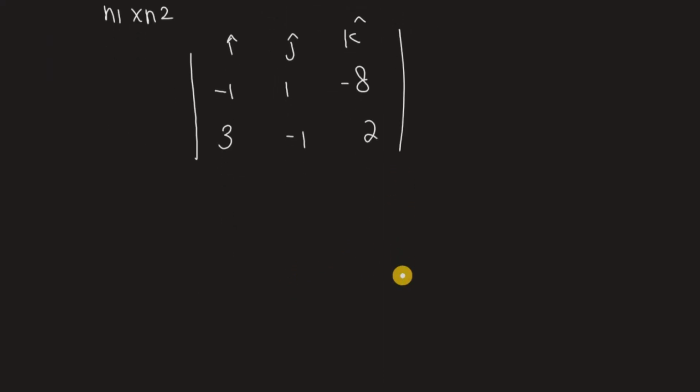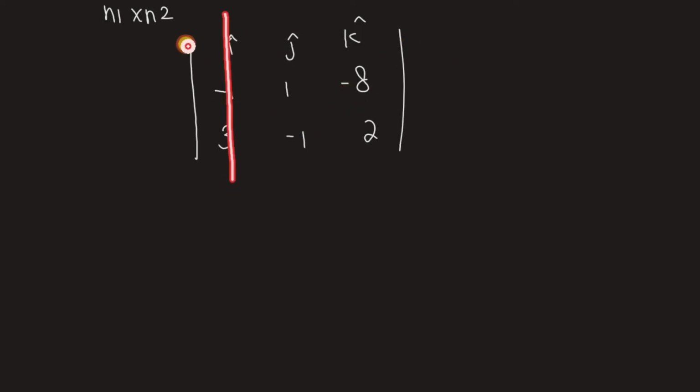Alright, once we have this, it's really simple to take the cross product. First, you cross out the i hat column and row. Once you cross this out, you just multiply in this direction, top to bottom, and then negative bottom to top.